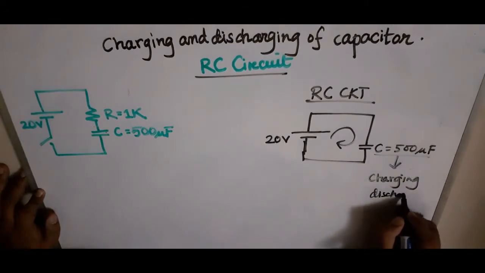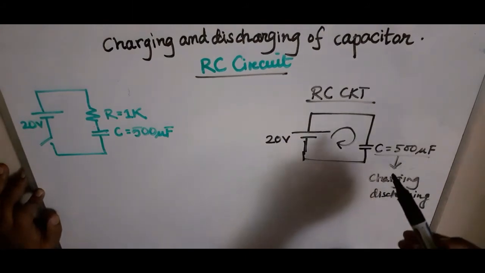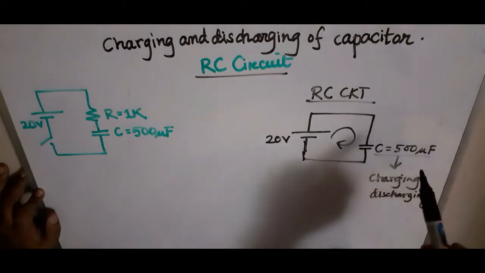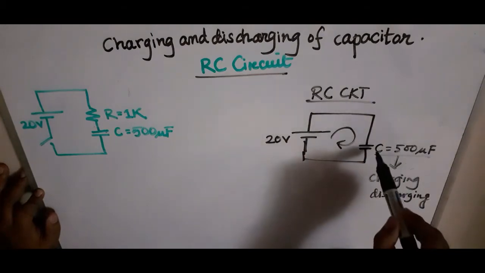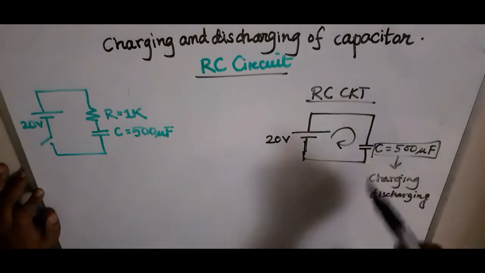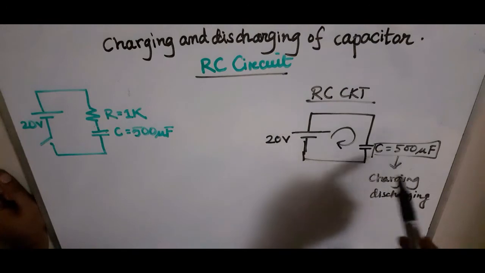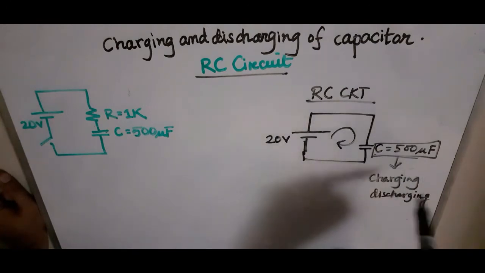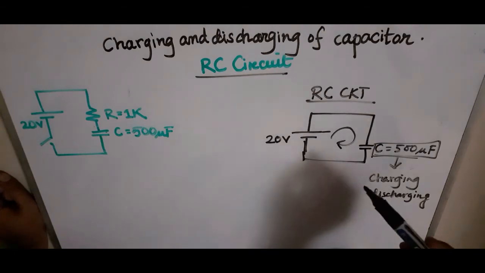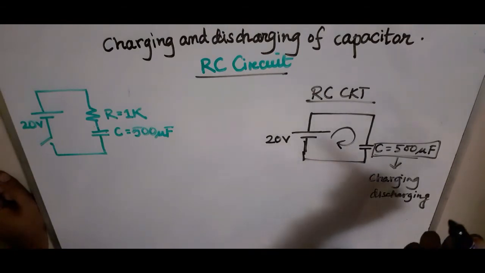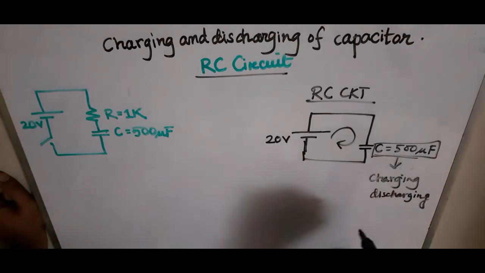What does that mean? That means that when this capacitor is connected to a voltage source, it gets charged up. When it is not connected to a voltage source, but rather to, let's say, a resistor or something else, it gets discharged.